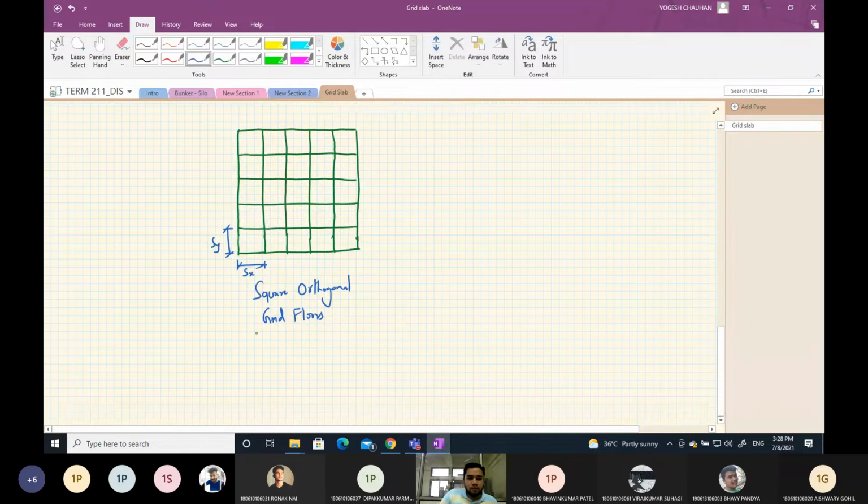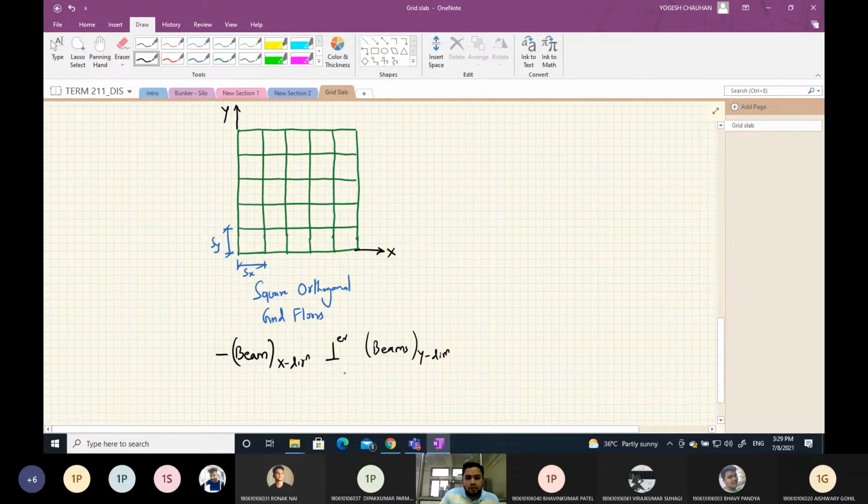So in case of square orthogonal grid floors, beams along x direction are perpendicular to beams along y direction.